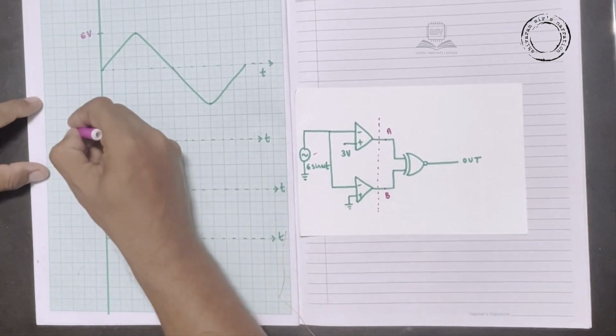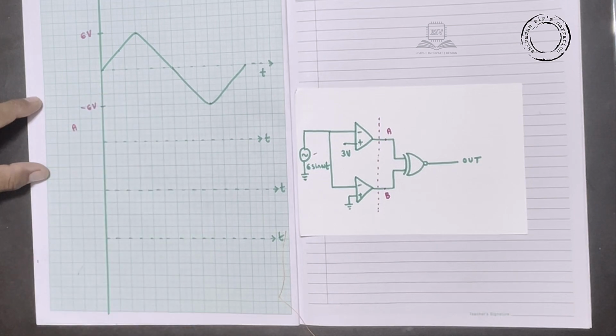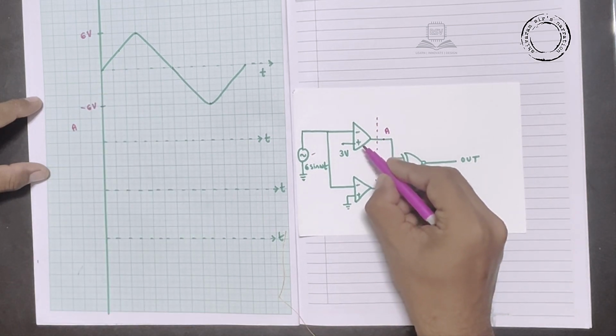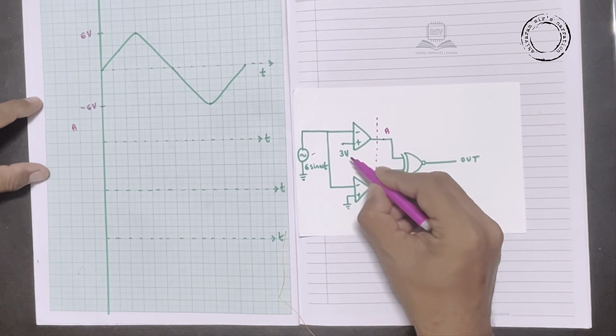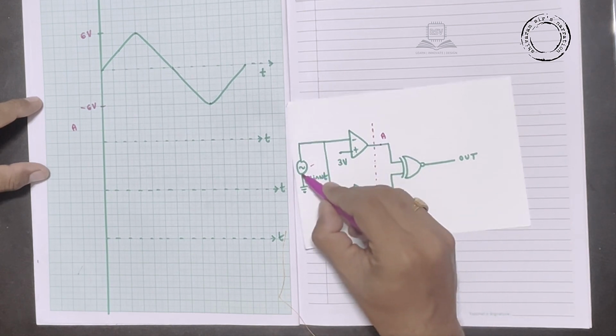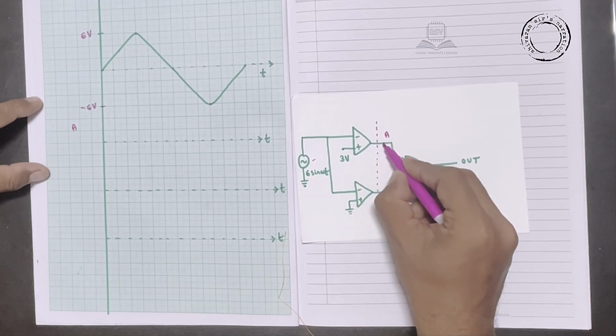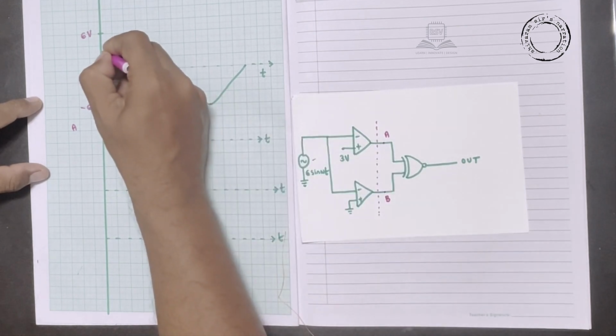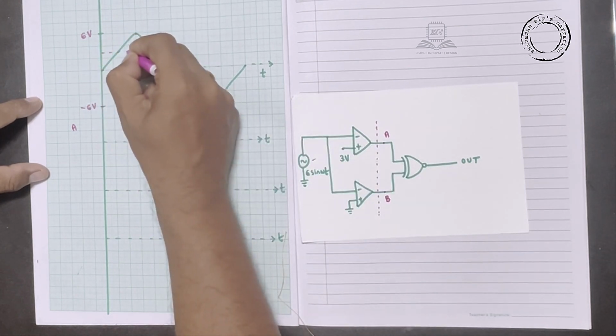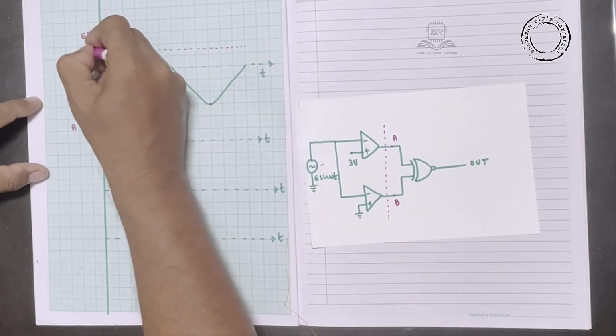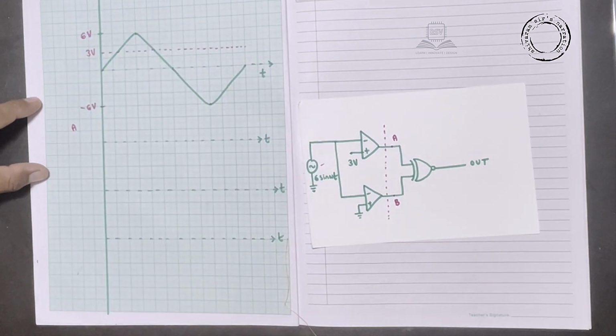Now let's start with A. For the upper comparator, the non-inverting terminal voltage is 3 volts. Whenever the input voltage is less than 3 volts, the output will be logic high. So let's mark the 3 volts. This is 3 volts.